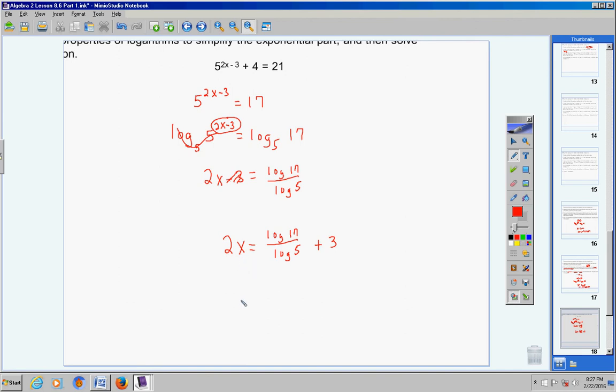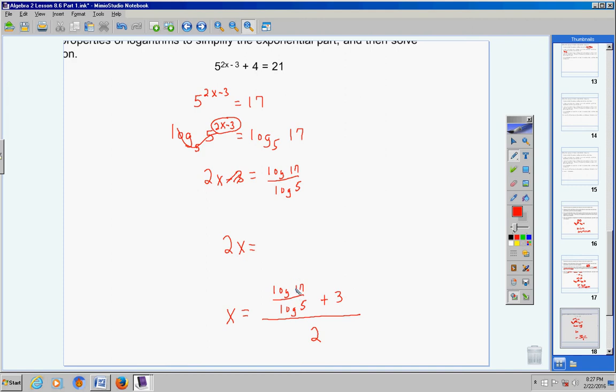So if I'm going to divide everything by 2, then I'm left with x equals, and then this whole thing right here is going to be divided by what? 2. Now guys, that looks wicked. It's not. It's like it's nothing. It's a piece of cake.